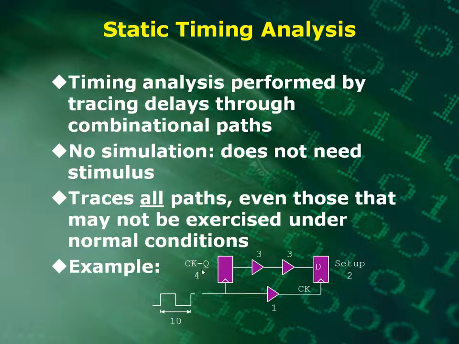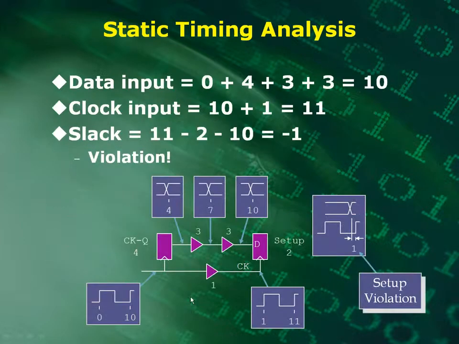So let's go back to our example here, where we have a clock to Q delay of, say, 4 nanoseconds, and then something here that causes a delay of 3, another thing that causes a delay of 3, and then a setup time, which would be the D input, has to be valid at least 2 nanoseconds here before the clock edge rises. And another condition here, we've said that there actually happens to be a delay on this clock path. And our basic clock period is 10 nanoseconds. So let's see what happens here.